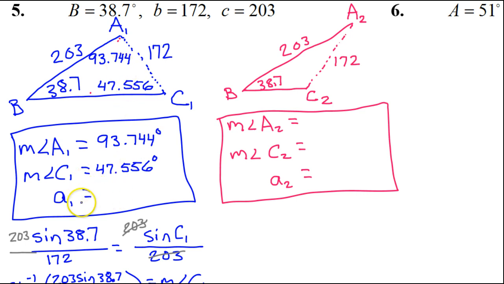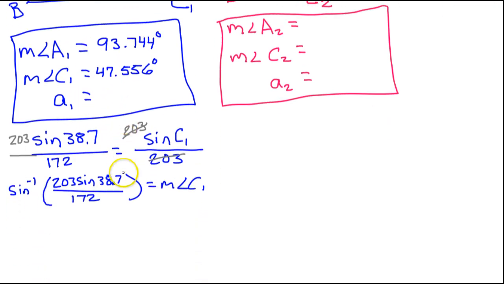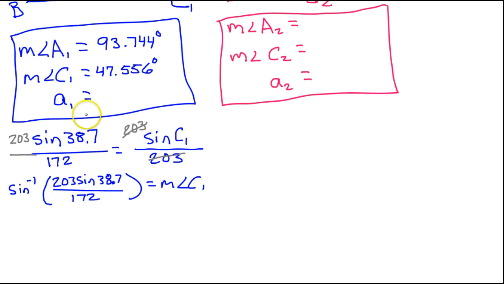So finally I need to find side A. And once again I am going to use the law of sines. But this time, because I'm looking for a side, I'm going to put sides in the top. So I'm going to put 172 in the top this time.